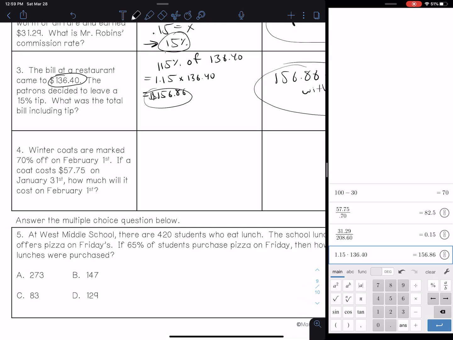So, originally, you're going to pay 100% of this. But now you're going to pay 70% less because it's 70% off, right? So 100% minus 70%, that equals 30%.